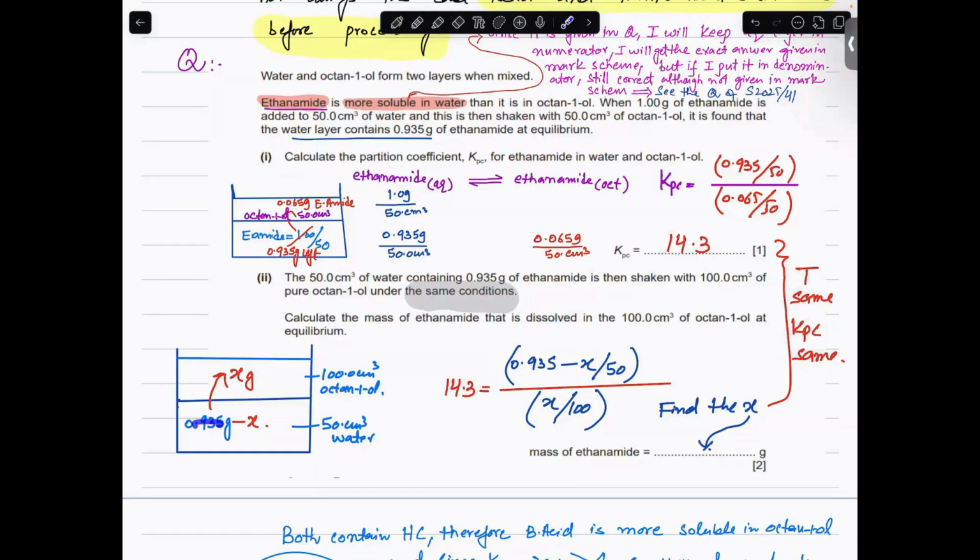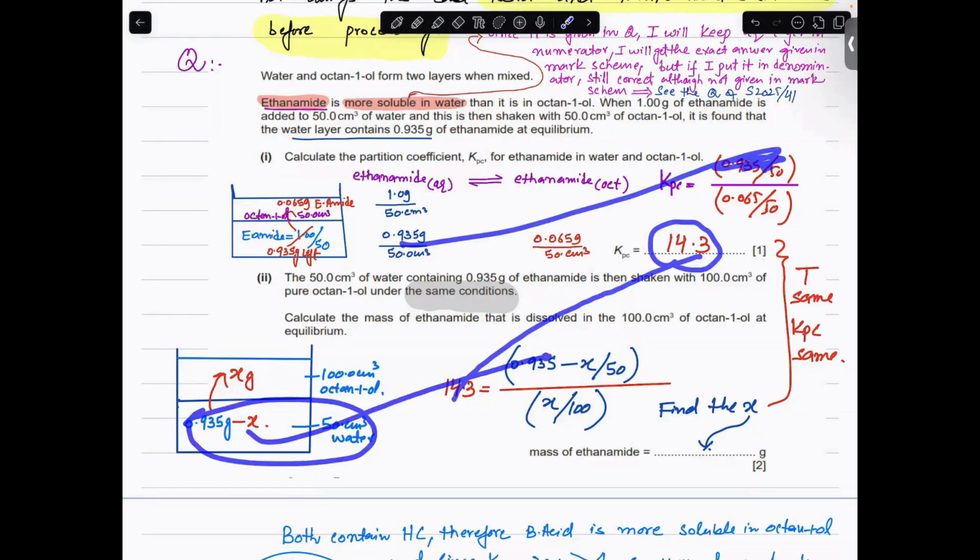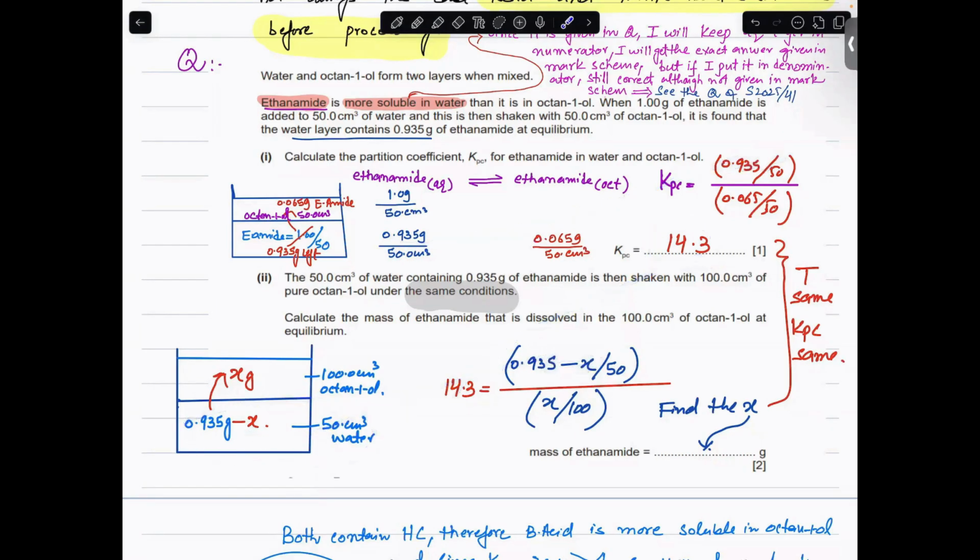We know it was 0.935, x transferred, 0.935 minus x left in 50, and we know that Kpc is this much. So keep in mind, this 14.3 is when the water is the numerator. So you have to keep the water in the numerator now: (0.935 minus x) over 50, divided by x over 100. Find the value of x.